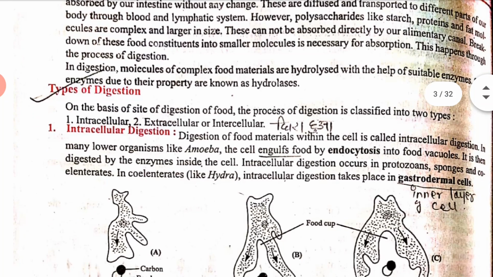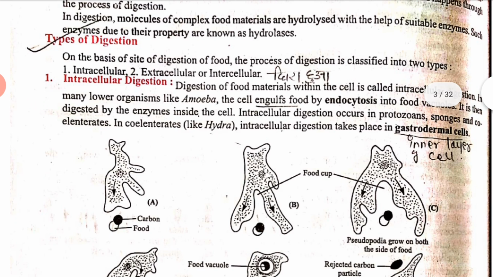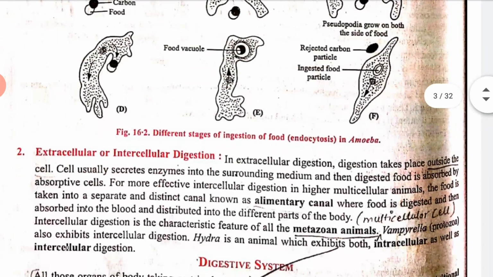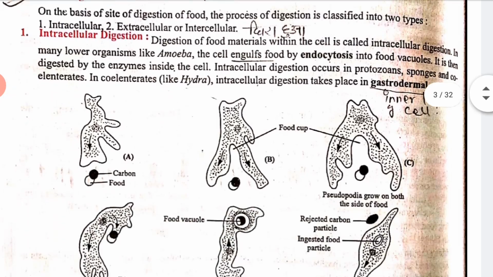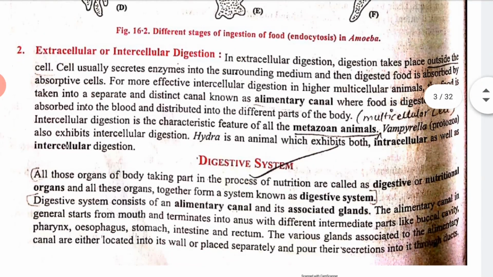Now we have the types of digestion. It is of two types: intracellular digestion and extracellular digestion. Intracellular digestion is the digestion of food material within the cell, which means the digestion takes place inside the cell. For example, amoeba. Just opposite is extracellular digestion, where the digestion takes place outside the cell.